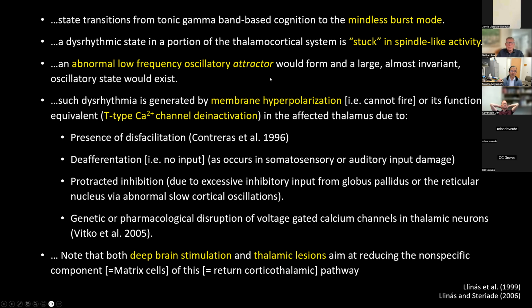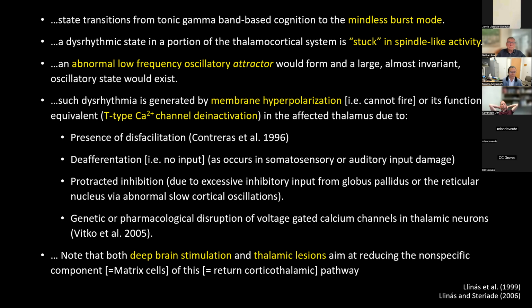These abnormal thalamic activities can be further connected to the membrane hyperpolarization or type 2 CA2+ channel de-inactivation. So there is further underlying physiology of this phenomenon, and that can be pursued by other researchers.